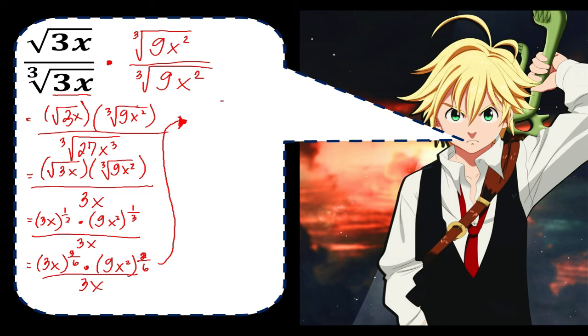Then we have the 6th root of 3x raised to 3 multiplied to the 6th root of 9x squared raised to 2. Para mas madali, i-divide lang natin yan by 3x.